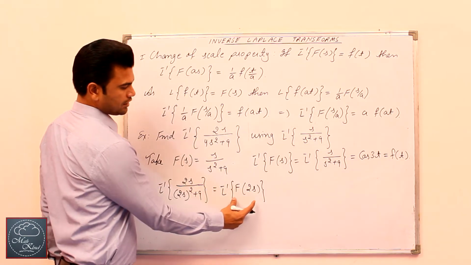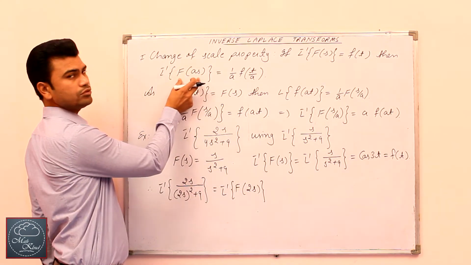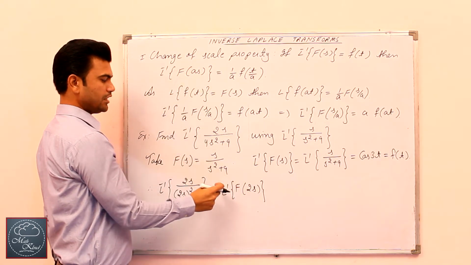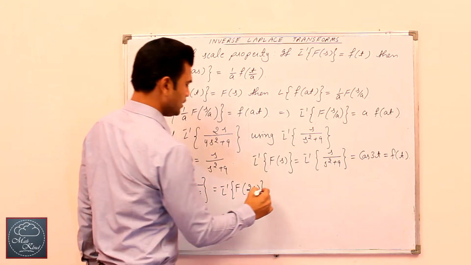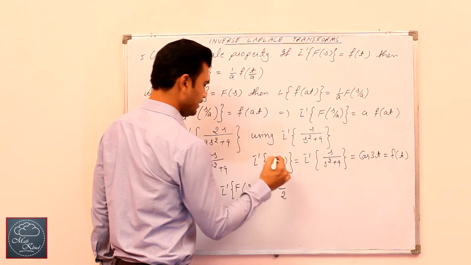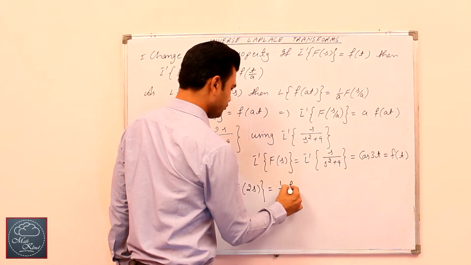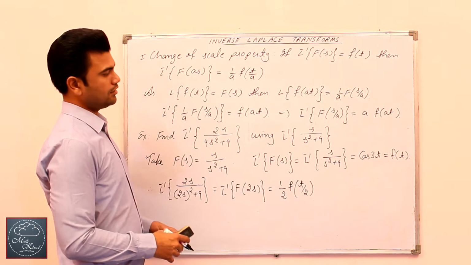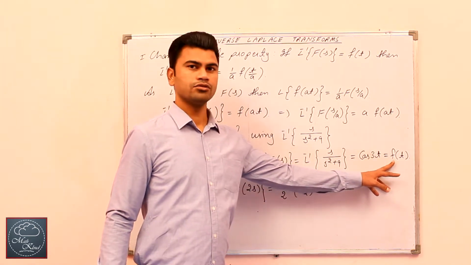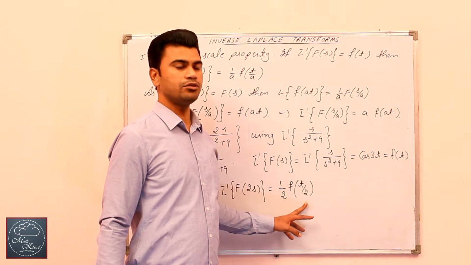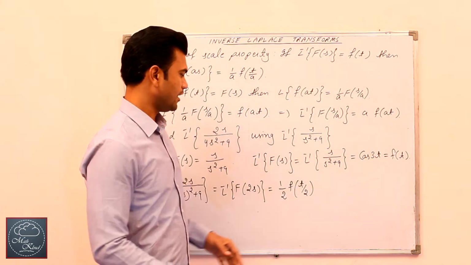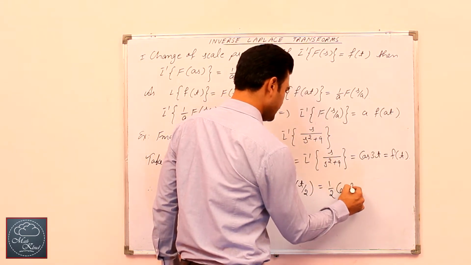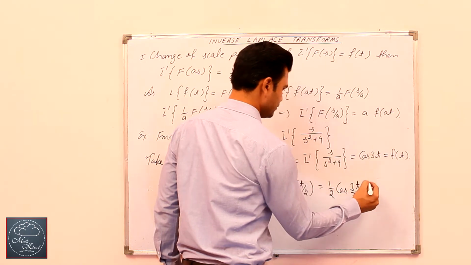To find this inverse Laplace transform, we are going to use this property. Here a is 2, so its inverse Laplace transform will be given by 1 over 2 times f of t over 2. You have your f(t) here, so just replace t with t by 2 in this function, and you are going to get 1 over 2 cos of 3t by 2.